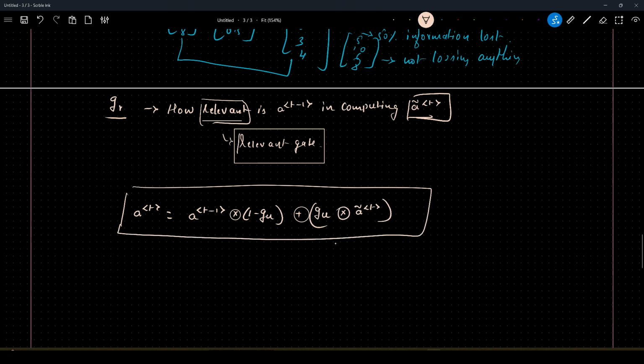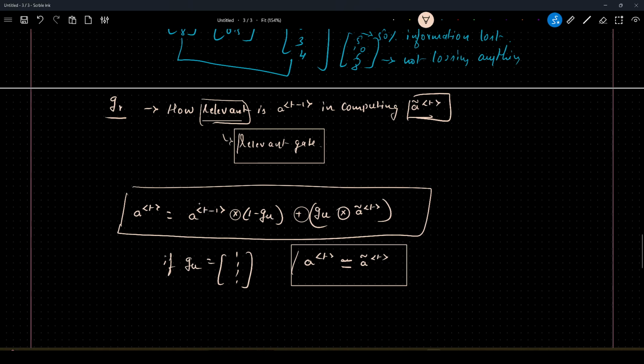Now we will once again understand how this is able to carry both the long term and short term context. If GU is a vector of all 1s, this will set AT equal to A candidate T. Because if it's 1, 1 minus 1 is 0, AT minus 1 would be lost and the current context will be used.